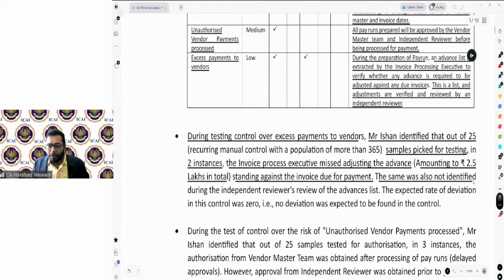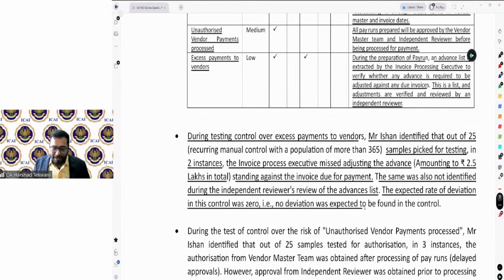The same was also not identified during the independent reviewer's review of the advance list. The expected rate of deviation in the control was 0, that is, no deviation was expected to be found in the control.